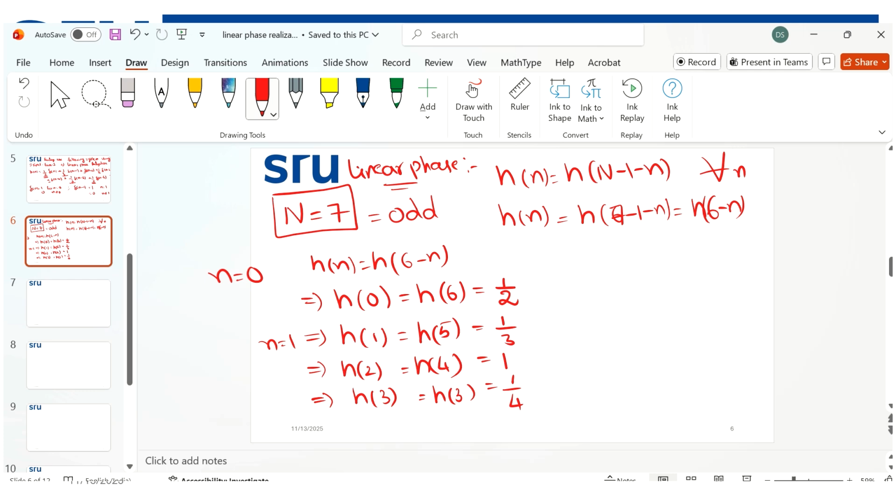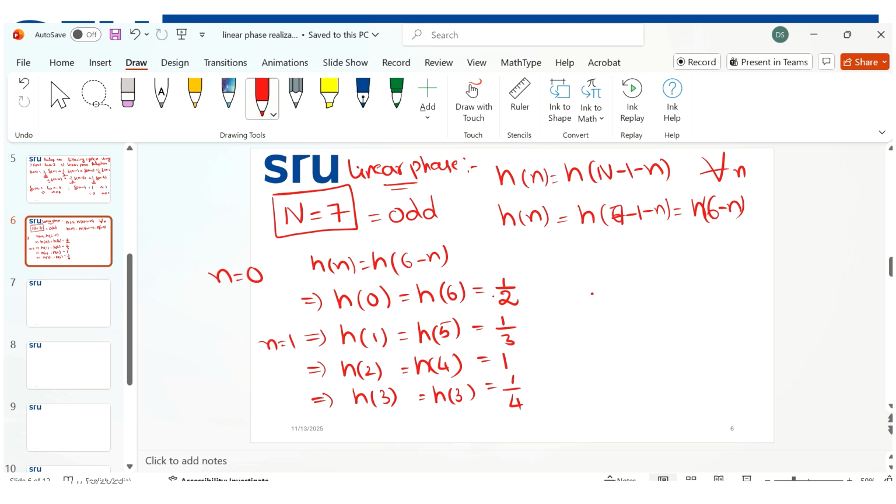So using the same linear phase, we have the first coefficient equal to the last coefficient. Next coefficient is equal to the last but one, and so on. Now here we can check that the linearity condition has been satisfied.